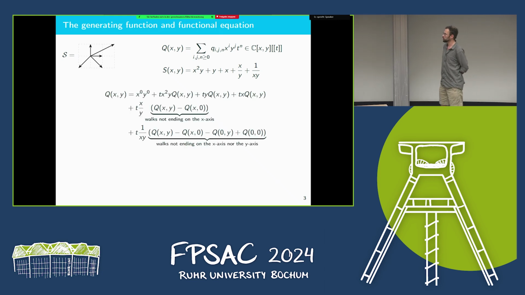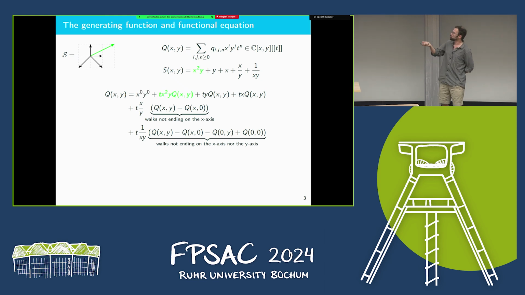So it looks like this, and I will explain each part. You perform an induction on the number of steps the walk uses. This term here is the starting point of the walk at coordinates (0, 0). And then for each step, I ask myself to which kind of walk I can append it so I don't leave the quadrant.